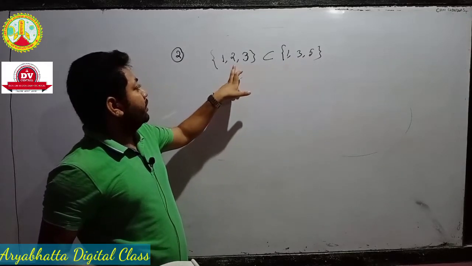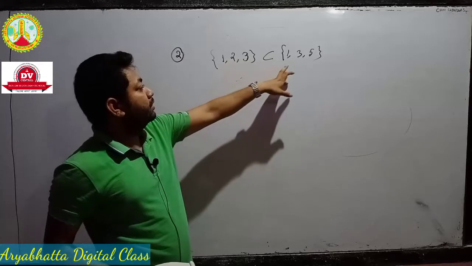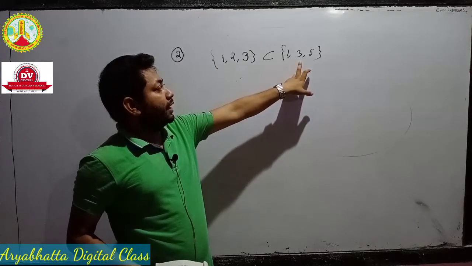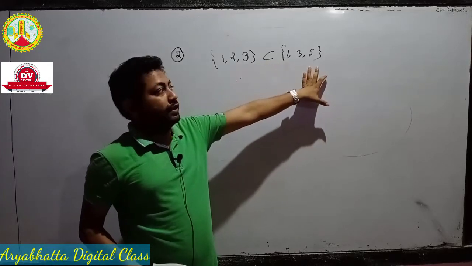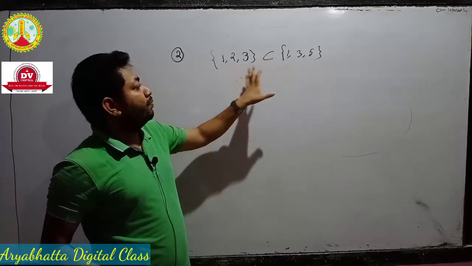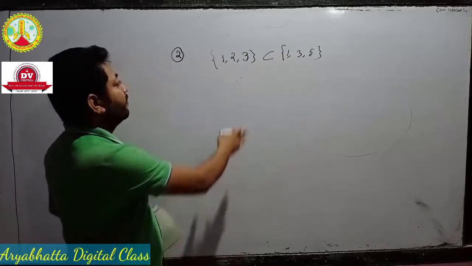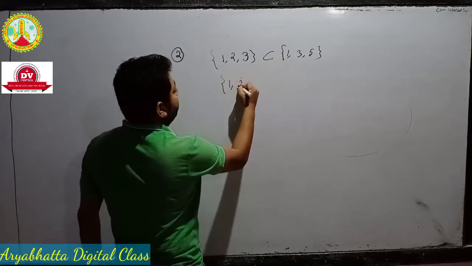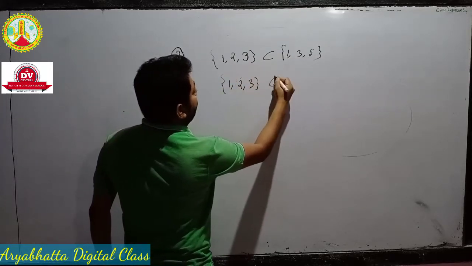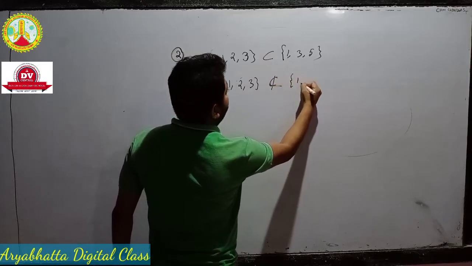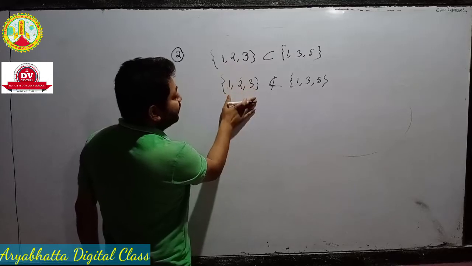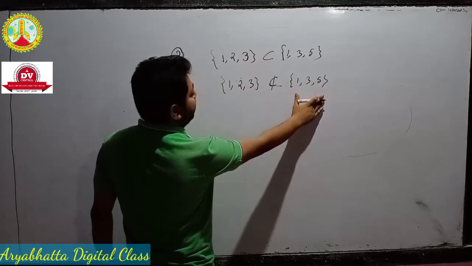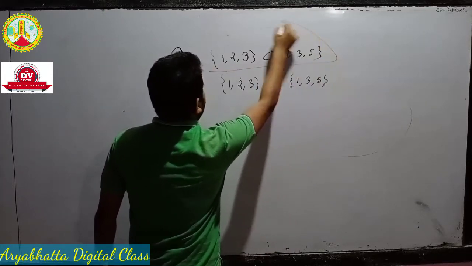Here, the 2 is an element which belongs to the first set, but the element 2 does not belong to the second set. Therefore, every element of the first set is not an element of the second set. Therefore, this is not a proper subset of these sets. The statement is false, because the first set is not a proper subset of the second set.